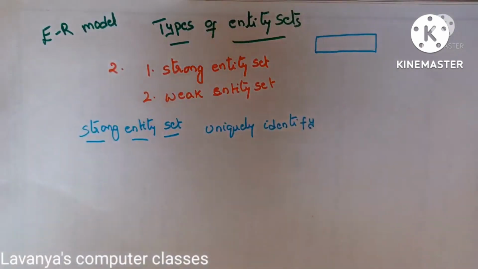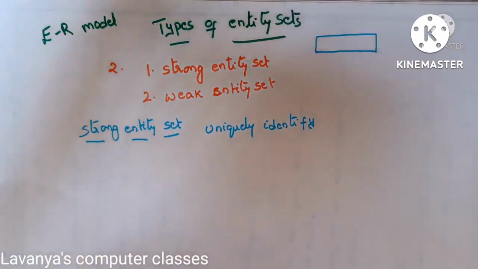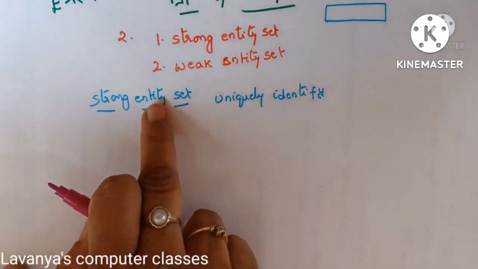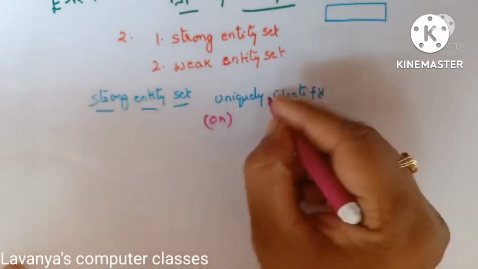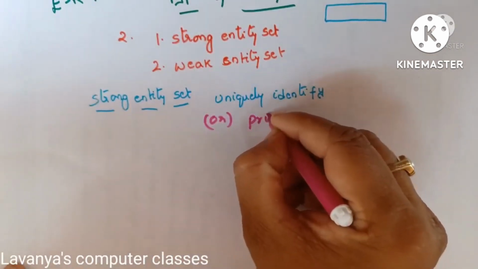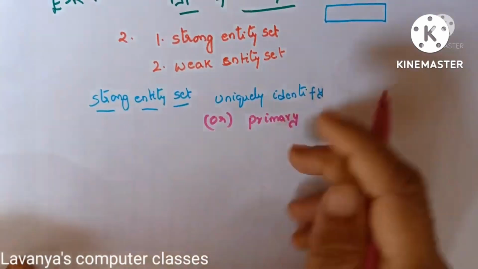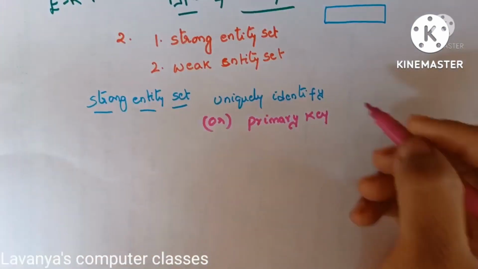Or simply, any entity set that has a primary key is called a strong entity set.